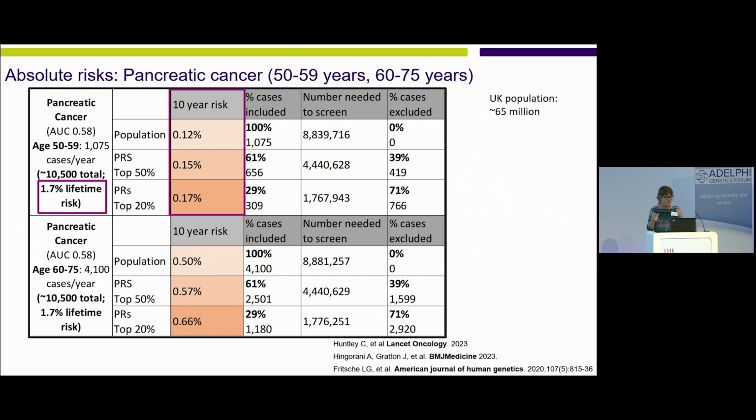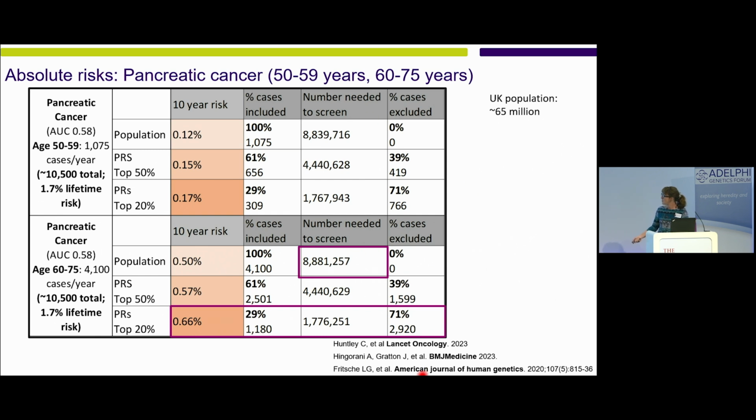You have the same problem once you move outside those common cancers. Pancreatic cancer, high unmet need, but your lifetime risk is only 1.7%, and half of that risk is happening above the age of 75. So we might want to screen for pancreatic cancer at age 50 to 60, or maybe 60 to 75. Your 10-year risks are really quite small in these groups, less than 1 in 500, even in your top 20%. So again, you're having to screen very large numbers of people.